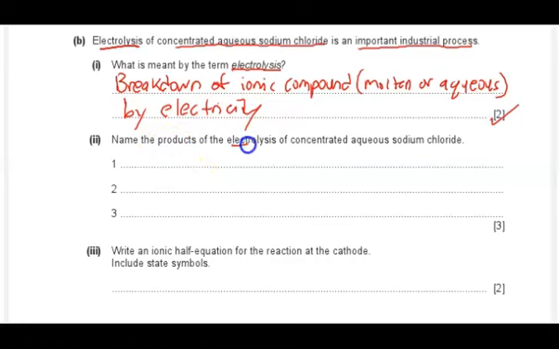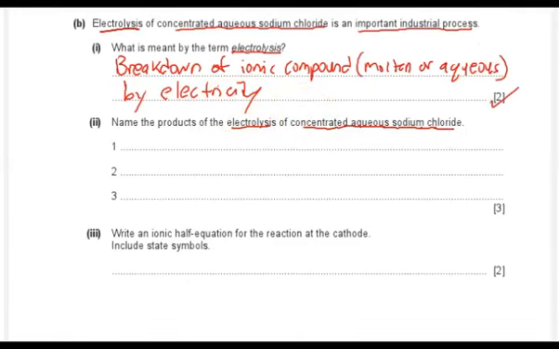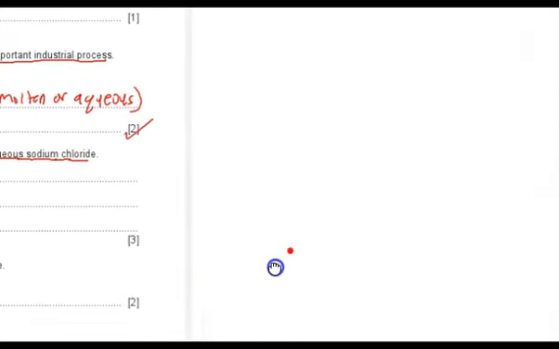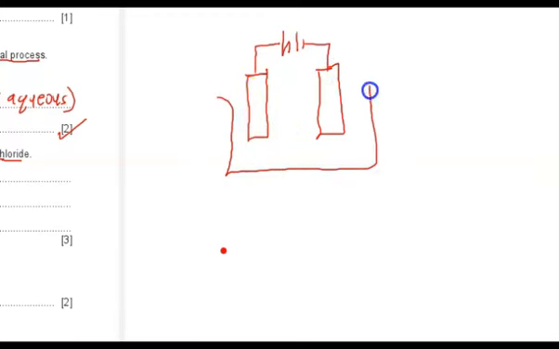Name the product of electrolysis of concentrated aqueous sodium chloride. Let me explain a bit on the side here. Let's say this is the anode, positive, and negative.